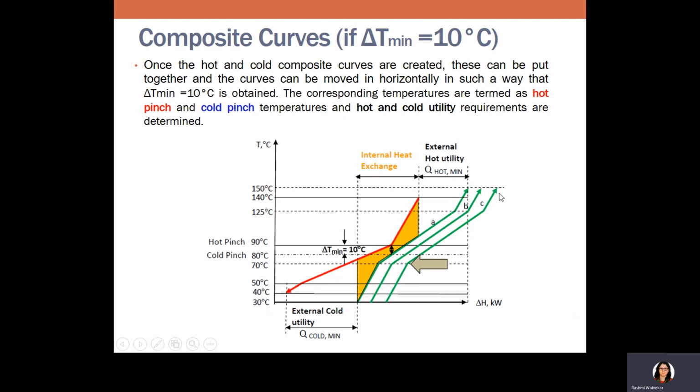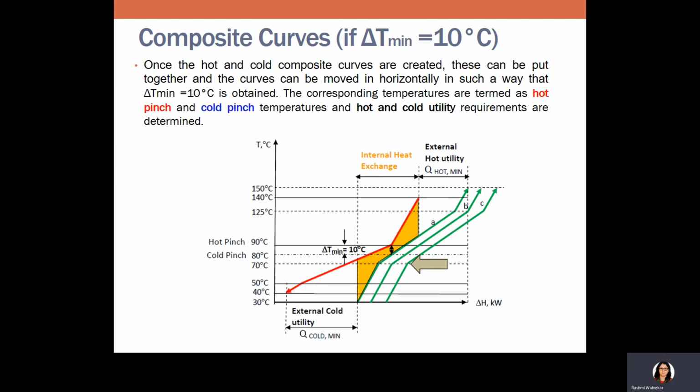So you need to adjust your lines or the curves in such a way that at any point between the two curves, the delta T is 10 degrees Celsius. So I'm shifting the cold composite curve or the hot composite curve toward one another such that at any point the difference is 10 degrees Celsius.